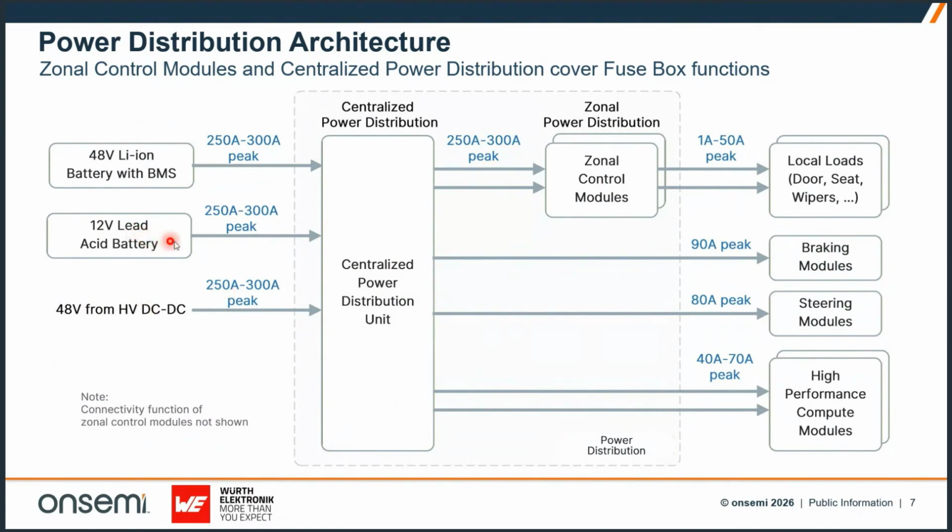There's always still a lead acid battery in an electric vehicle, so it will reserve that energy for the brakes and steering if there was any kind of failure. And obviously you can then provide power to the bits which are needed. You still need your high performance computing modules running, but your seat heaters and stuff like that get turned off. So this is the importance of this centralized power distribution unit, plus the zonal control modules.